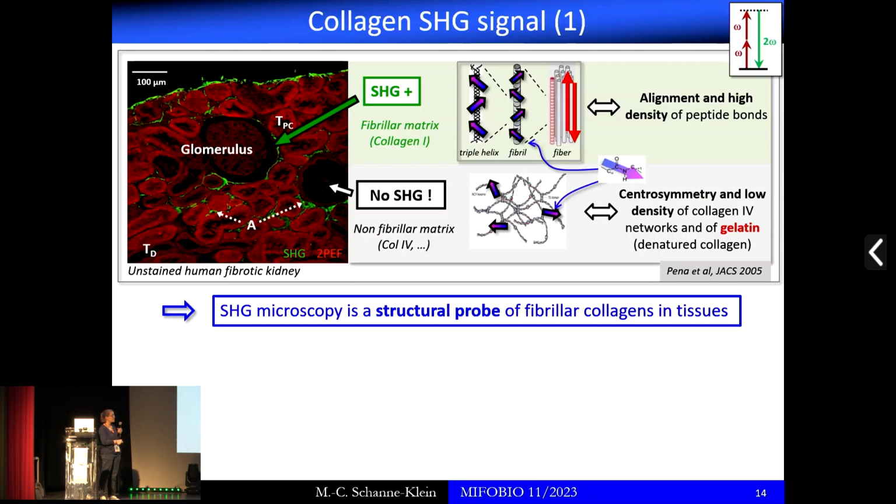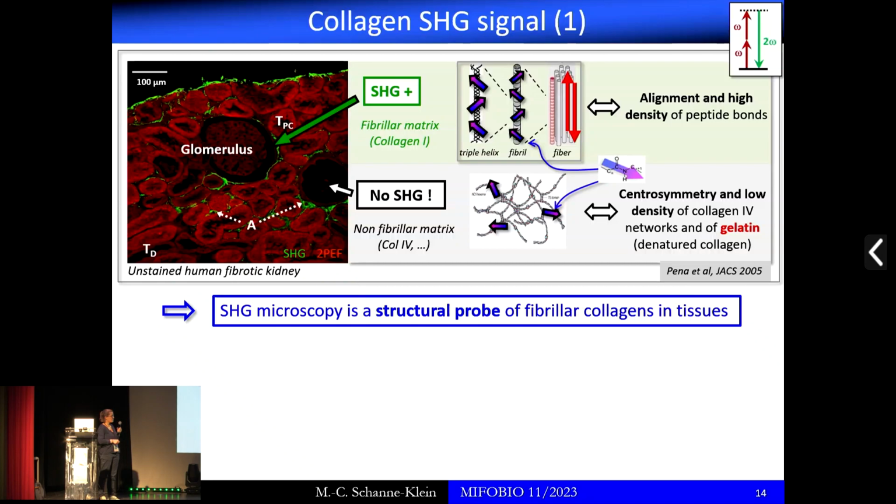While at the fiber scale, there may be fibers oriented in one way and fibers oriented in the other way, so that it's quite complicated, because we may have no signal just because we have two fibers that are aligned in an anti-parallel way within the focal volume.